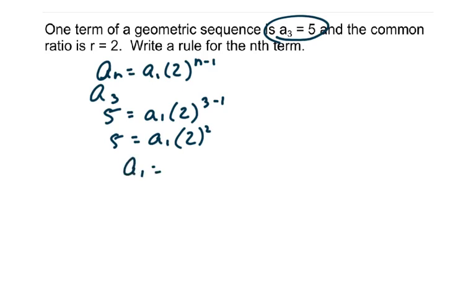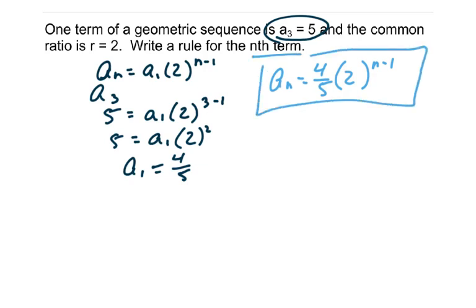So our a sub 1 value is actually 5/4. So we write our rule, a sub n equals 5/4 times 2 to the n minus 1 power. And then, we just needed to write the rule for the nth term. So that is all we need to do for that one.